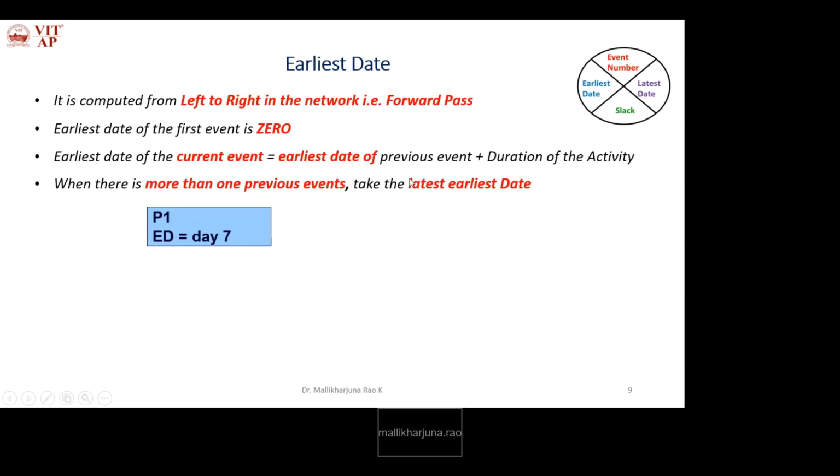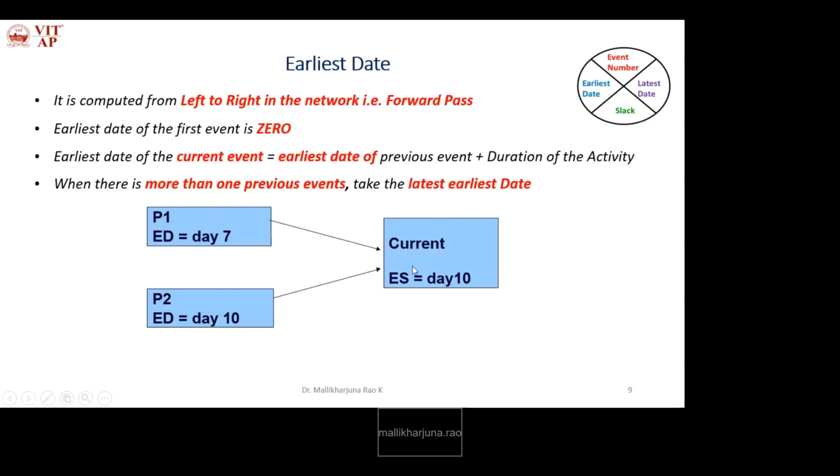I have one previous event P1 and its earliest date is day 7, and the other previous event is P2 and its earliest date is day 10. Now I have to find the earliest date for the current event.